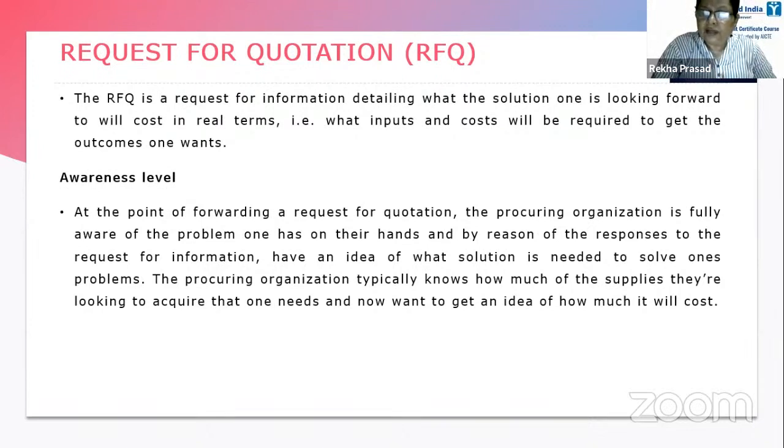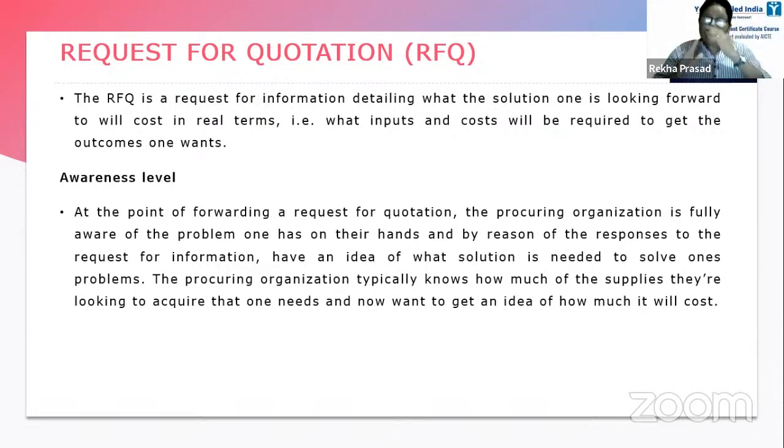Because they'll be getting these quotations, they can also see the costs which others are quoting, and decide according to their policy. As I said in the last class, a clear-cut policy has to be developed by the procuring agency.